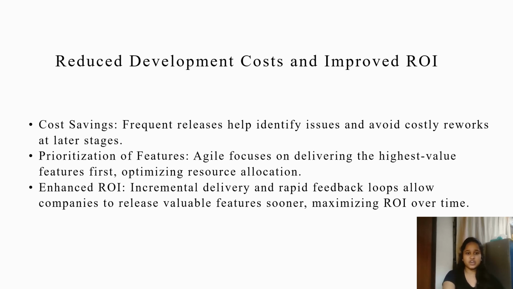And prioritization of features. Agile focuses on delivering the highest value features first, optimizing resource allocation and enhancing ROI. Incremental delivery and rapid feedback loops allow companies to release valuable features sooner, maximizing ROI over time.